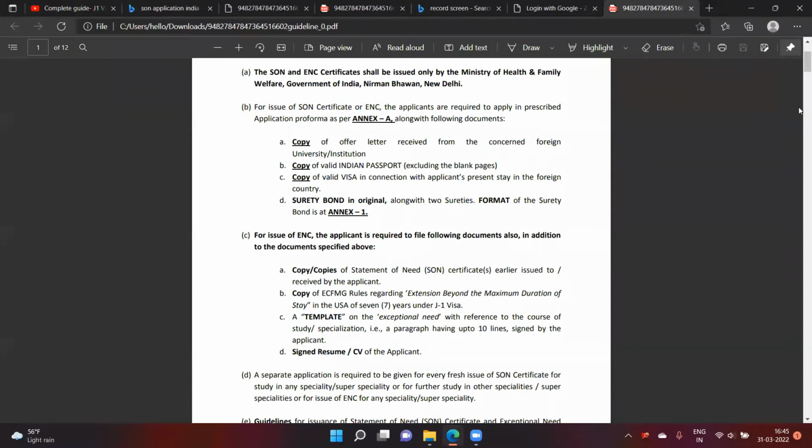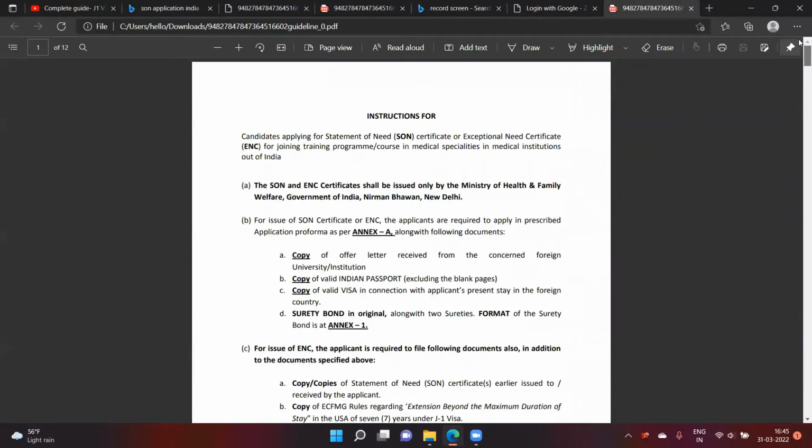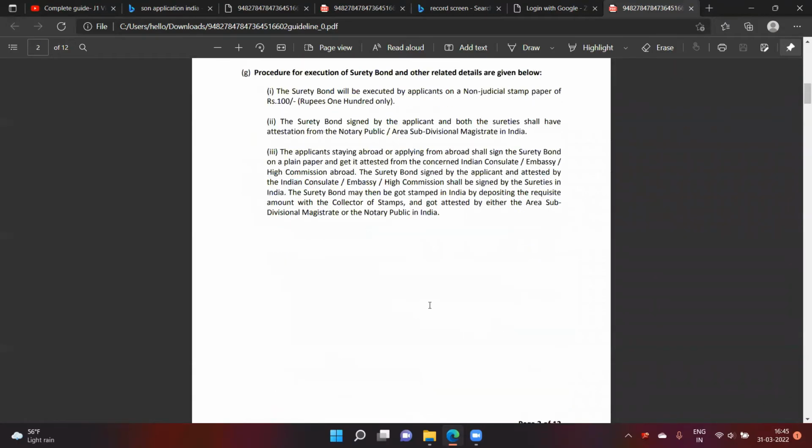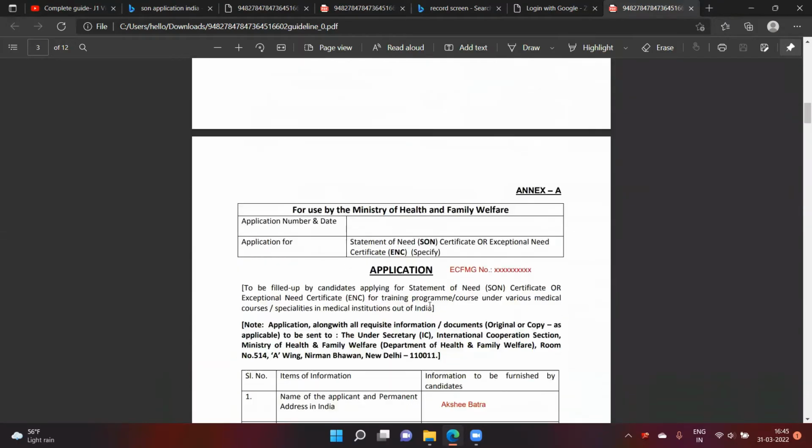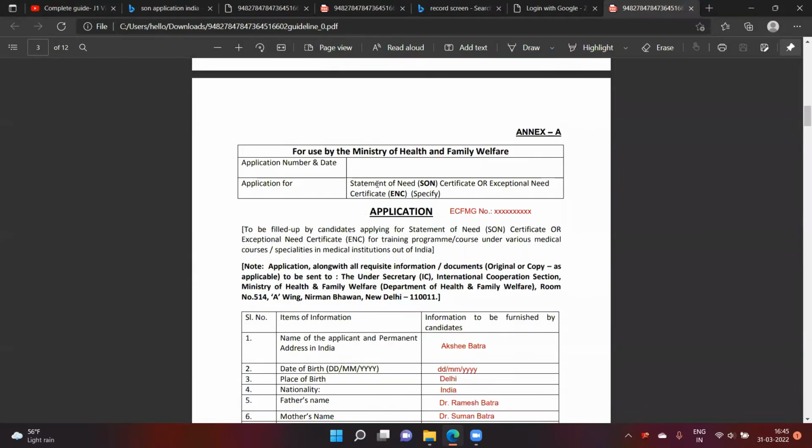So for SNN, you will have something like this: instructions, and here we go, the form. The top part of Annexure 1 is for use by the ministry, and make sure when you write the application here, insert your ECFMG number.